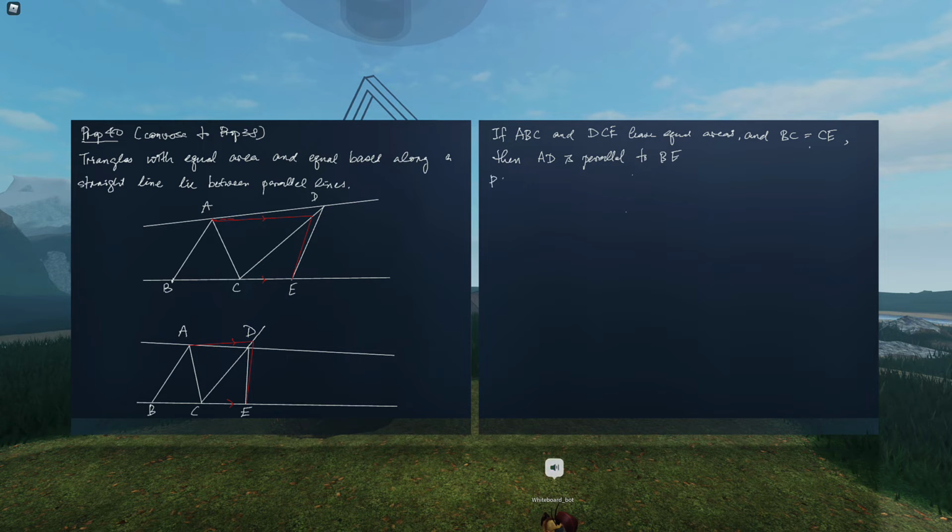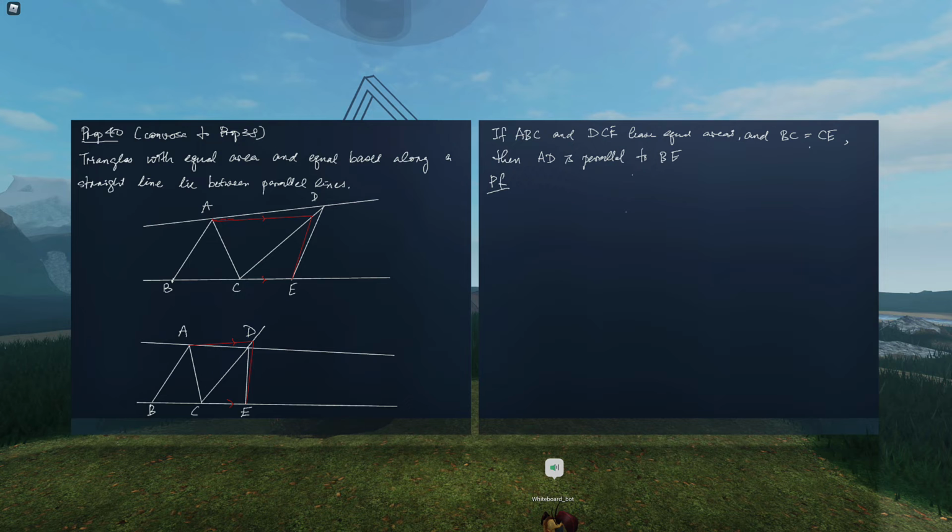That's the conclusion. The way we're going to prove this is that we're going to suppose this is not true and construct a line through A parallel to BE, which is the red, more or less horizontal line constructed on the previous diagram.